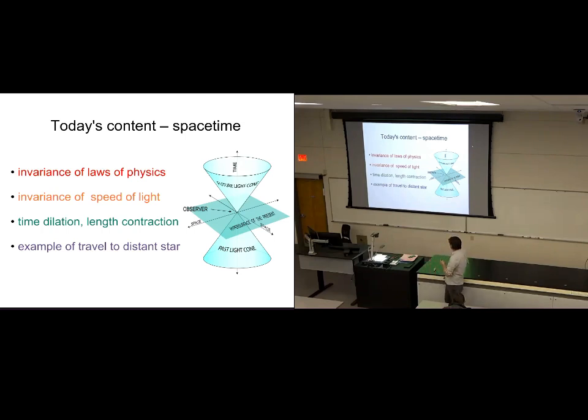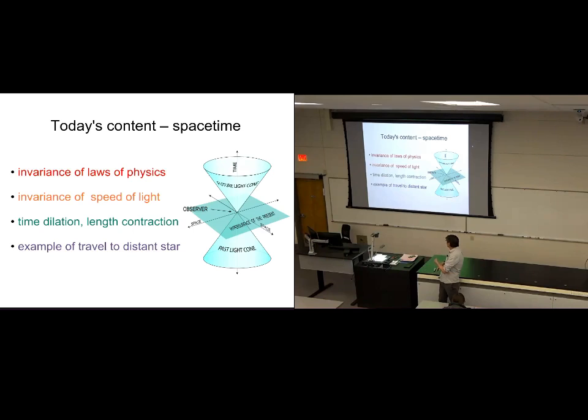One foundation is called the invariance of the laws of physics, and I'm going to explain how we use the word invariance. The second foundation is the invariance of the speed of light. Again, I'd better explain exactly what I mean by invariance.